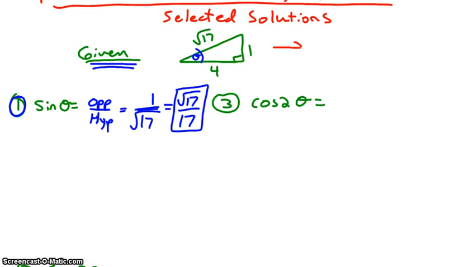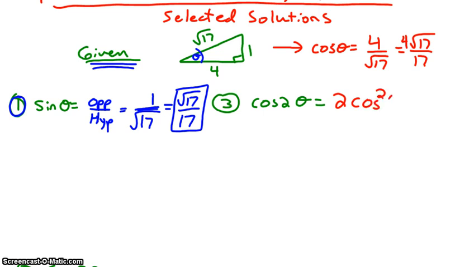If we look up here, cosine of theta is the adjacent, which is 4, over radical 17, or simplified by rationalization, 4 times radical 17 over 17. And we'll need that. Now if we look at our double angle formulas, we'll see that cosine 2 theta is actually equal to 2 cosine squared theta minus 1.